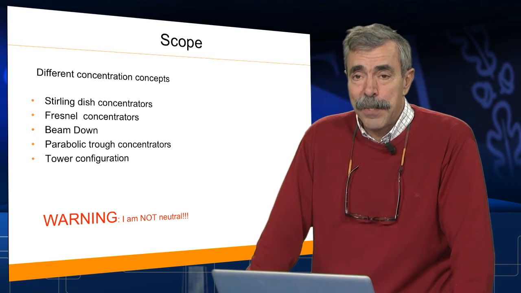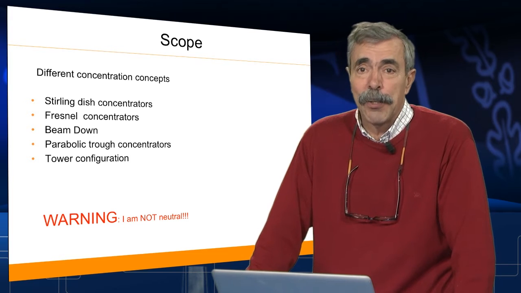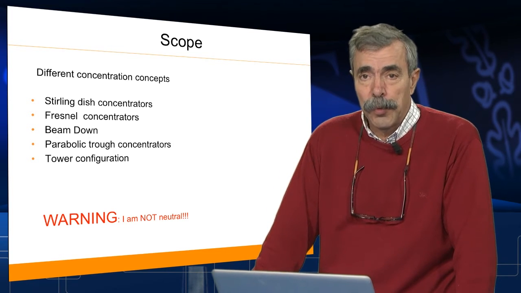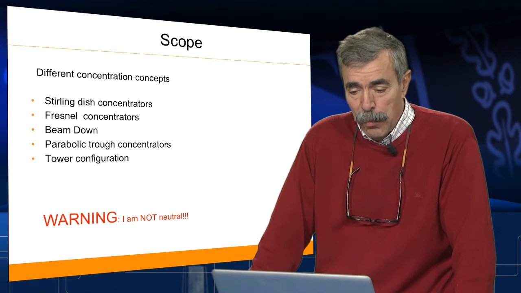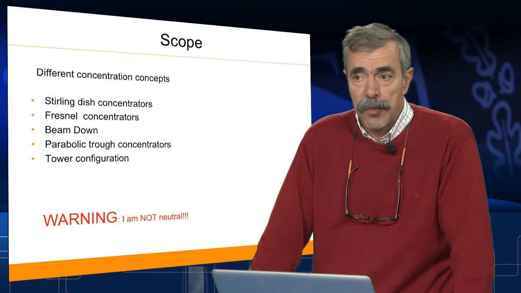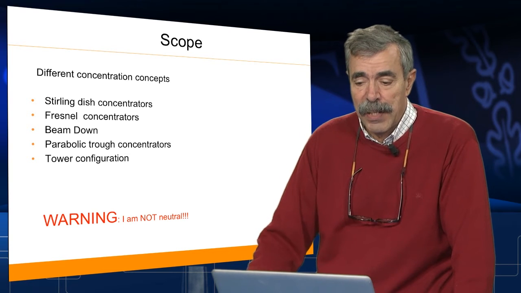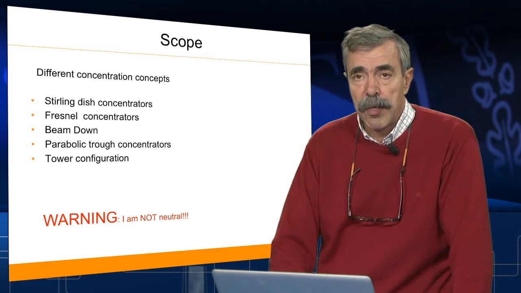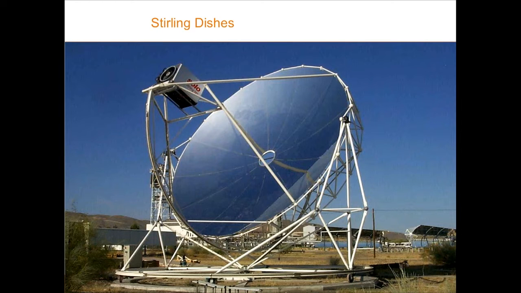My idea is for you to pay attention to what I'm going to be saying, and create your own criteria when I speak about the pluses and minuses, or the advantages and disadvantages, of every individual concentration concept. So the first technology I'm going to be describing is the Stirling dishes.